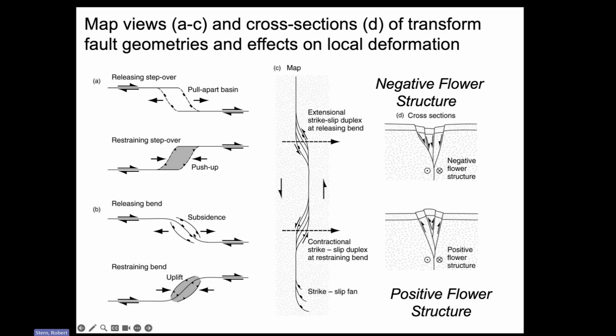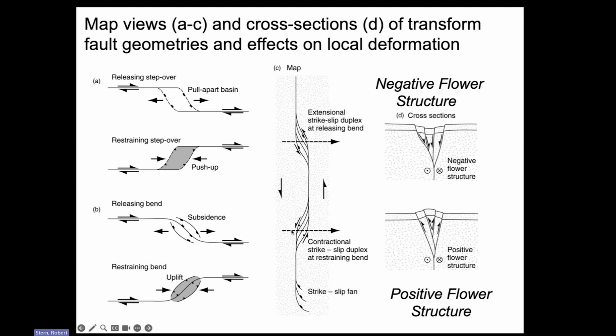We're not going to get too much in the details, but it's not going to be just a single fault that's showing extension. It's going to be a system of faults around either the subsiding basin or the uplifting region. Any questions about that? This is building on the first order principles we've just been developing.